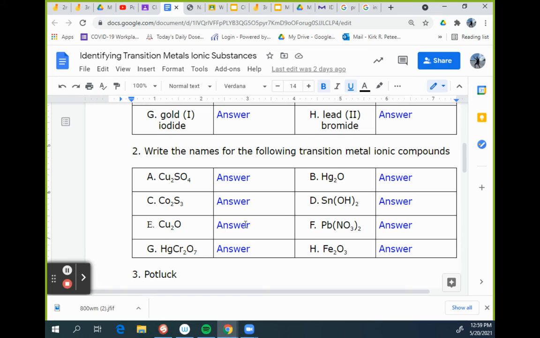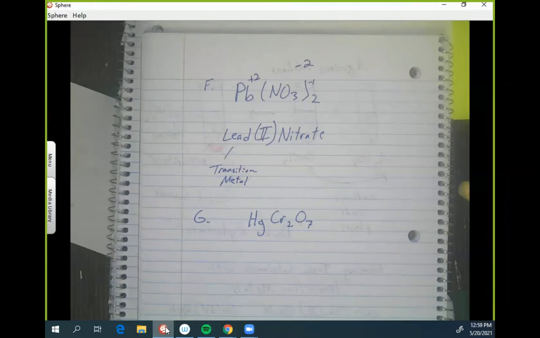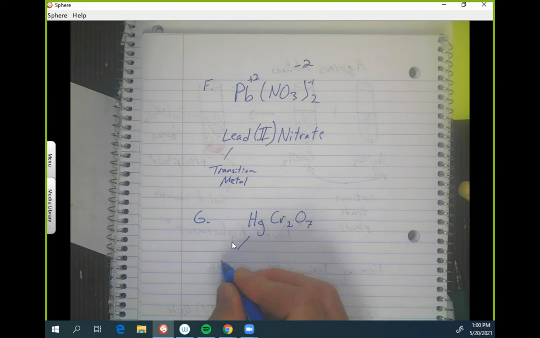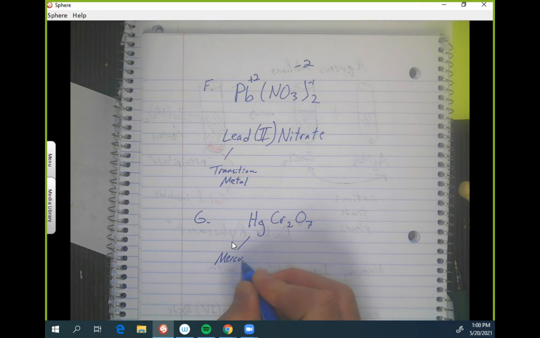Let's do this one. This is kind of weird. HgCr2O7, which is G. HgCr2O7. There you go. And let's see what that is. All right. Well, I know the metal in this case is mercury. You can pick that off the periodic table.